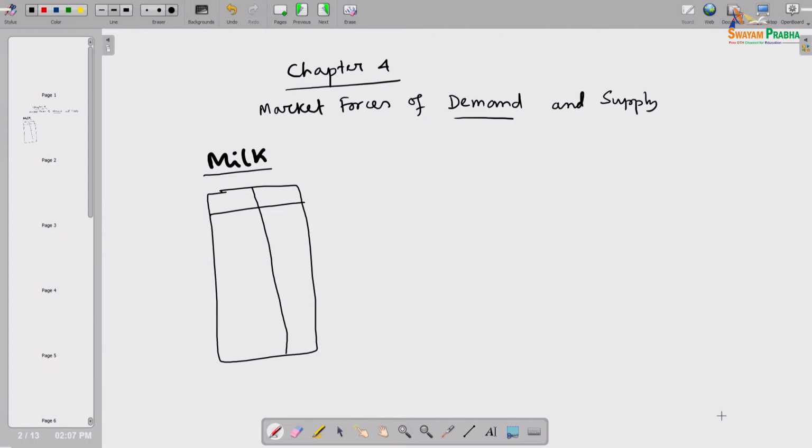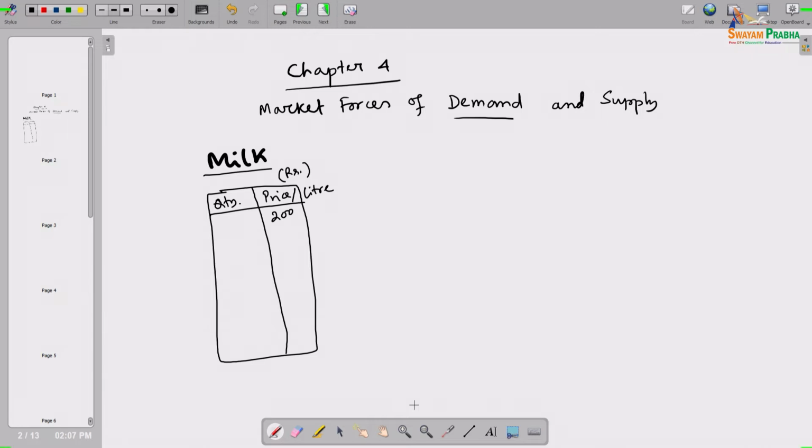So, suppose my demand schedule is like this: quantity, and this is the price. Price is say per liter, in rupees. When it is 200 rupees per liter of milk, in real life in India the price is not that expensive, but let us start with a very high possible price.